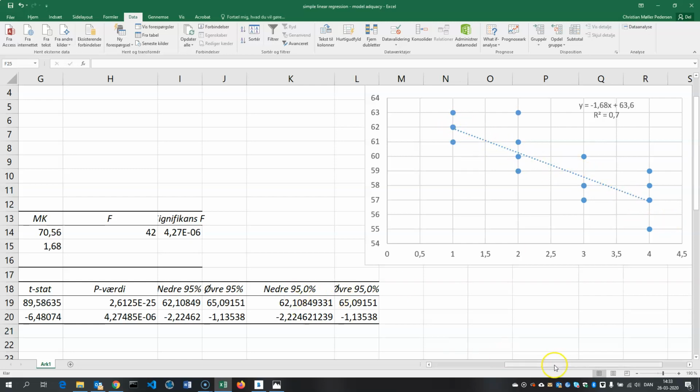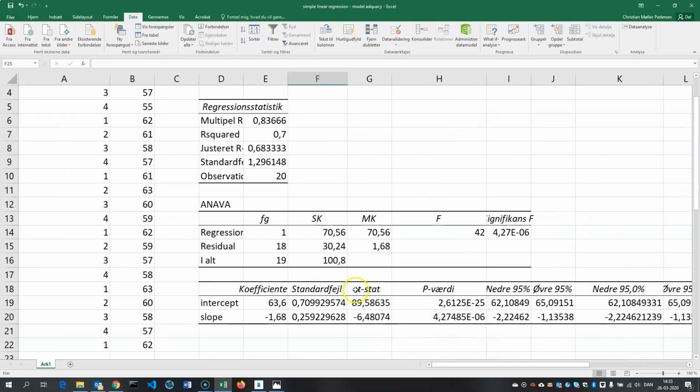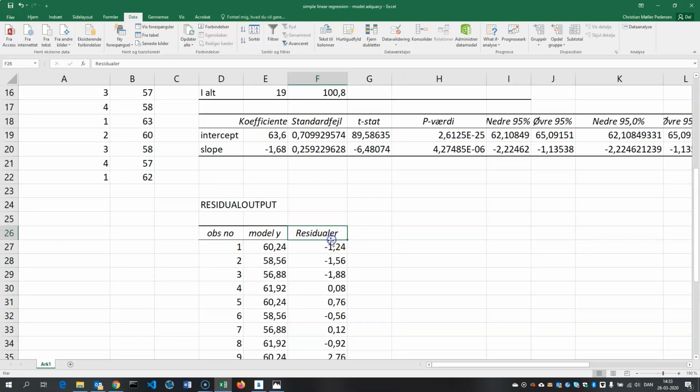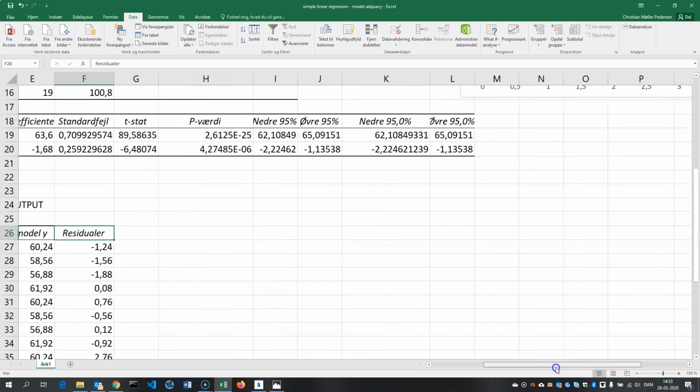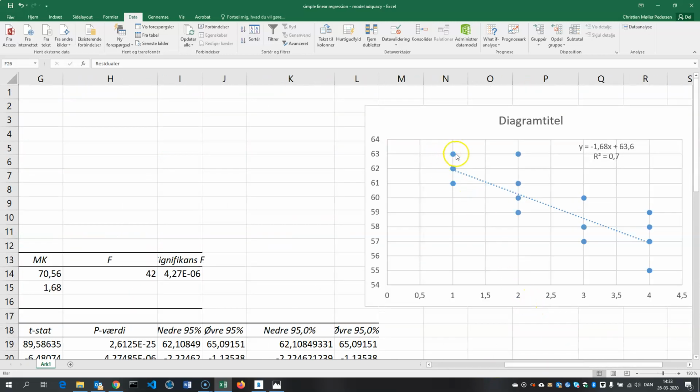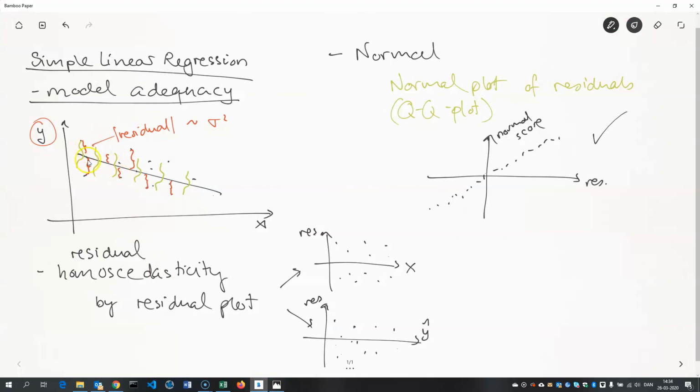So that's our model response. And these are the residuals. They correspond to the difference between the observed value and the model value. So they correspond to those red lines here, positive and negative.